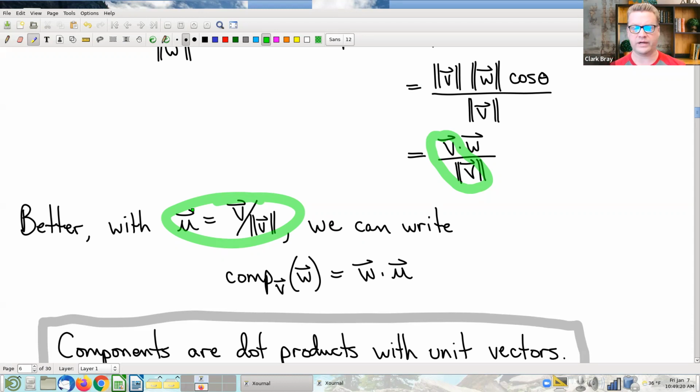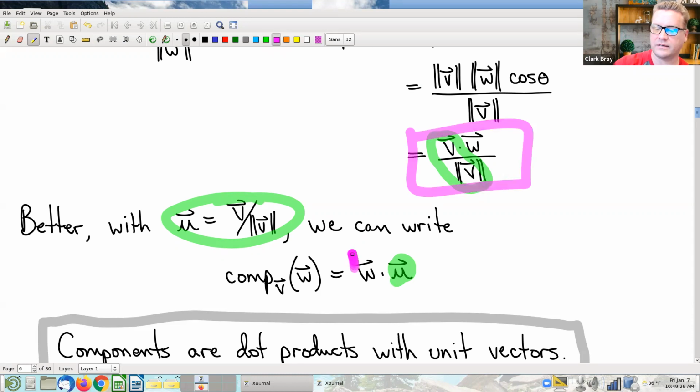So I prefer to write this formula here as dot product with the unit vector, as opposed to dot product with the arbitrary vector that you happen to have had. But then, side note, don't forget you have to divide by the magnitude of that arbitrary vector. I think this is more natural.